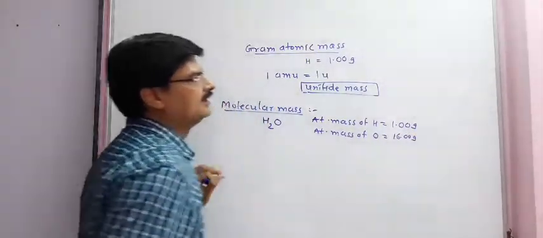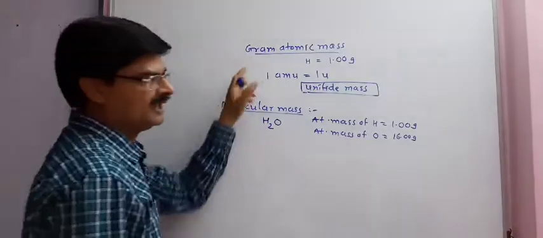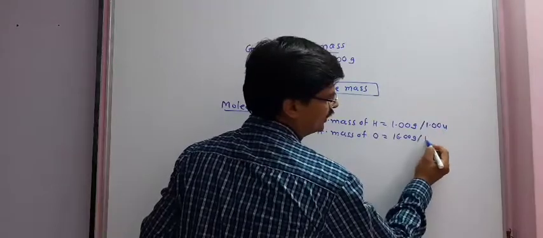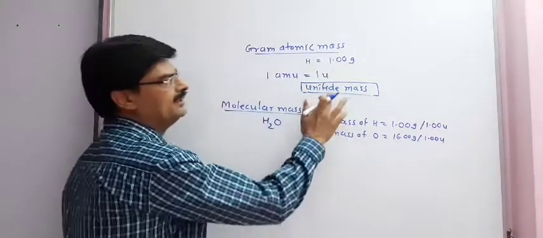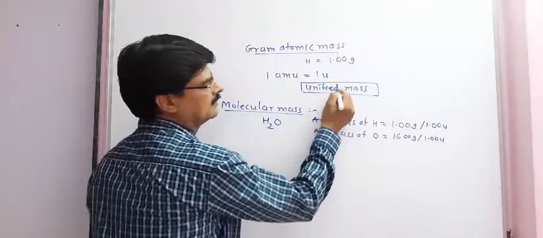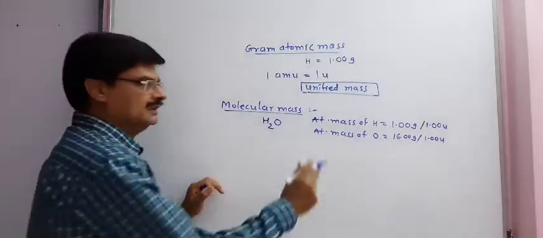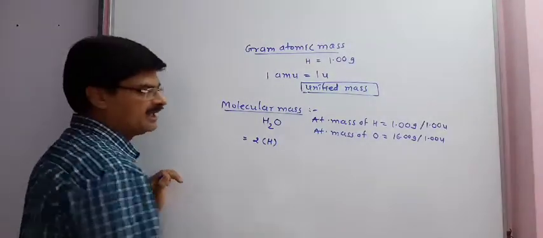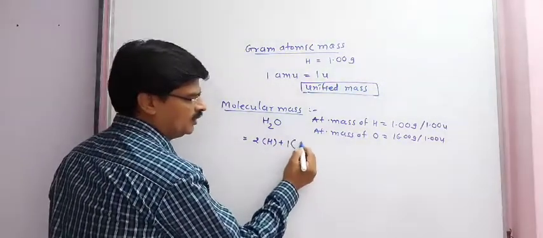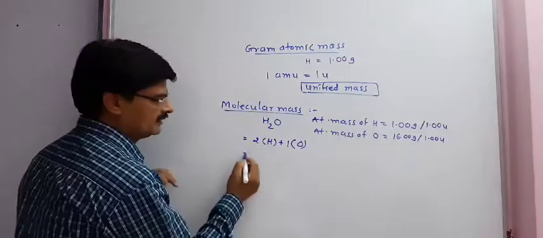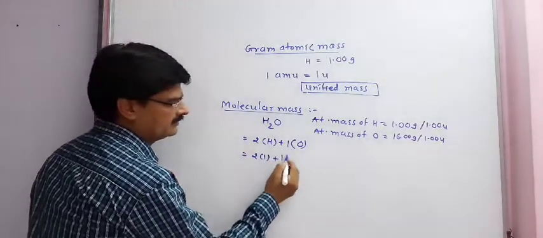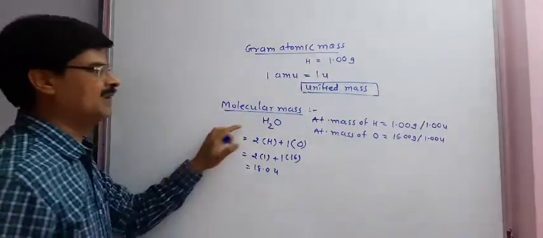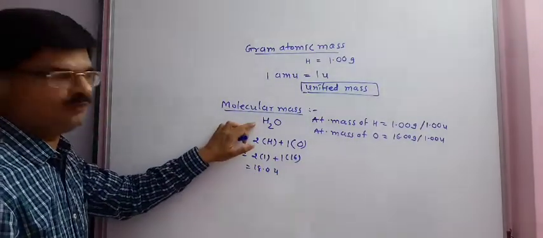If we write G, then it is said to be gram atomic mass, but we can also write 1.00 U, that is unified mass. So, on adding 2 hydrogen atomic masses plus 1 oxygen atomic mass, we will get 18.0 unified mass, that is the molecular mass of water.